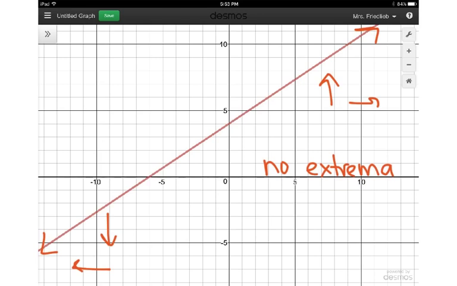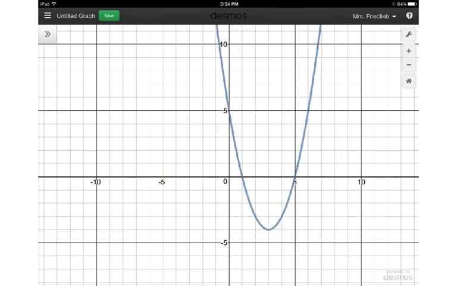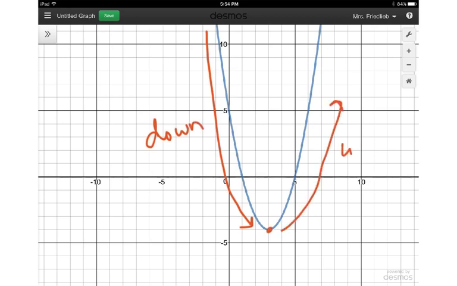But let's look at one that does. In this graph, if you read it from left to right, I want you to notice that first the graph is going down. But then down here it stops, and then the graph starts to go up. Anytime the graph changes direction, we have this thing called an extrema.